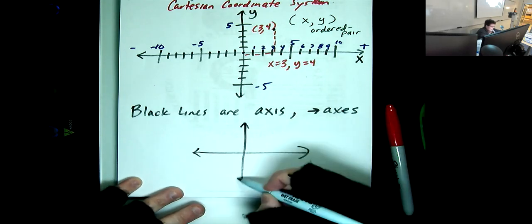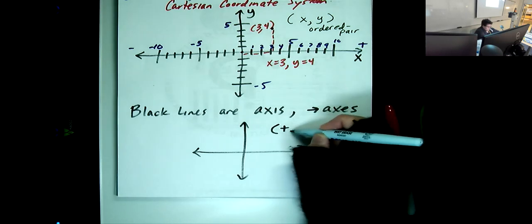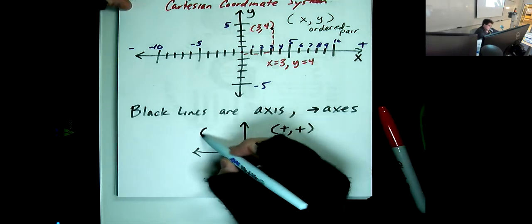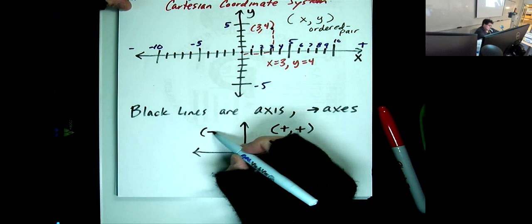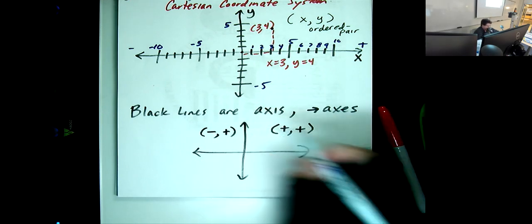So if we look at what happens in general, in this upper right quadrant, X values and Y values are always positive. In the upper left quadrant, the X values are negative, the Y values are still positive.